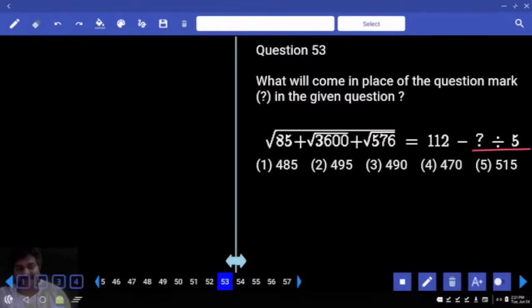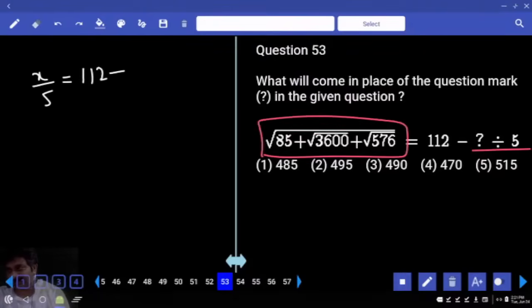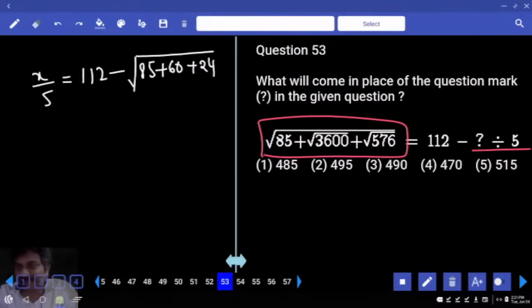Take x divided by 5 to the left hand side. 112 minus. This entire number goes to the right hand side and becomes minus. Are you okay? Under root of 85 plus root 3600 plus root 576. Total value 169.